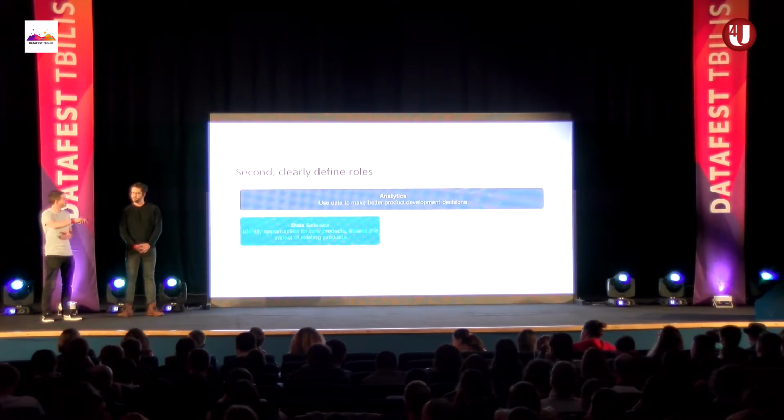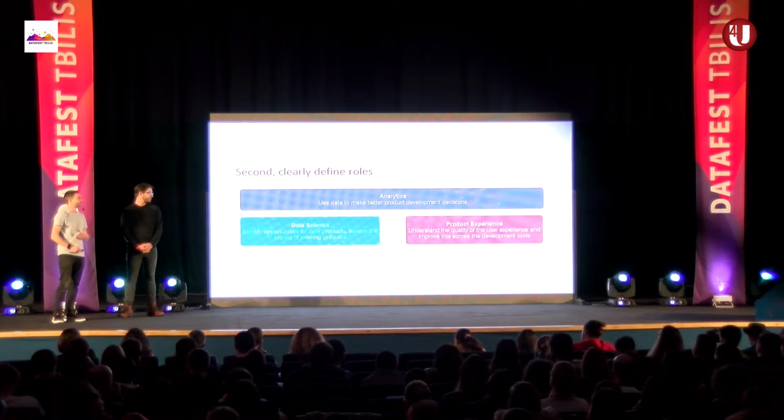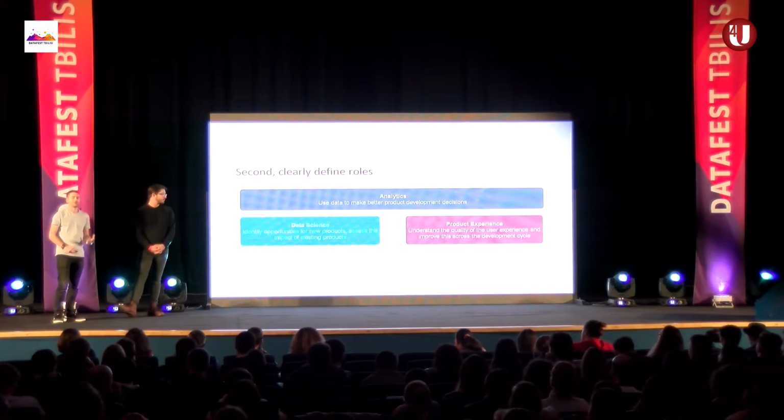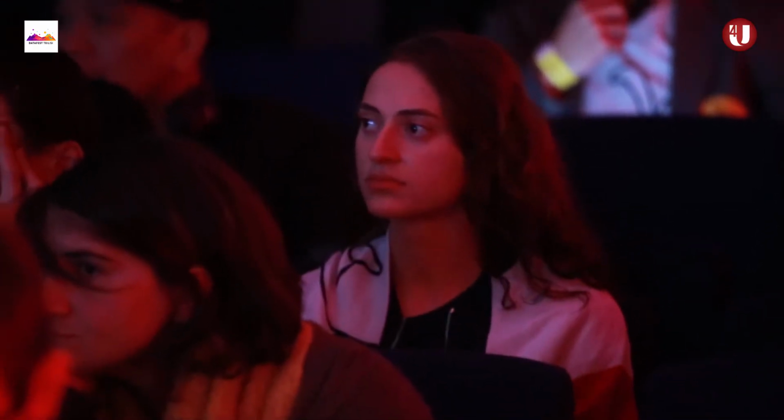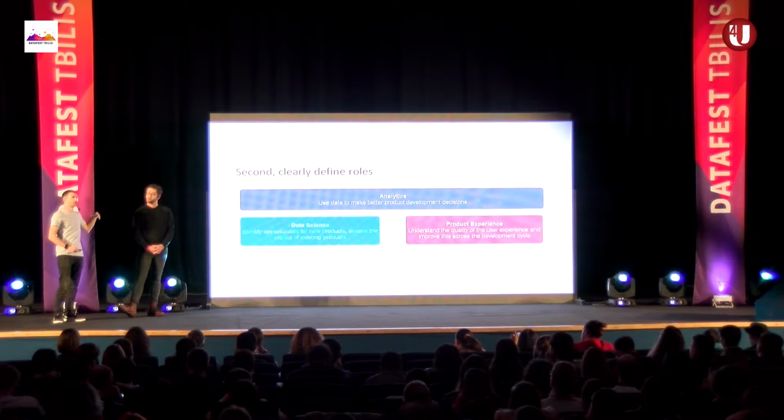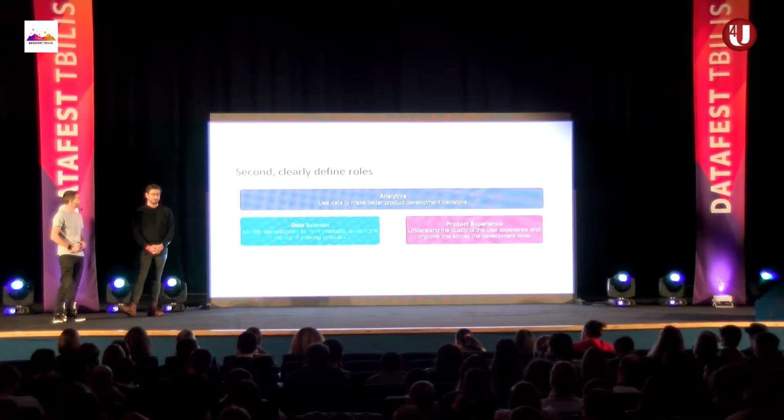And then the product experience side of things, which is more about the quality of the user experience and specifically what issues people might be encountering while they're using it on a day-to-day basis. So one is more identifying opportunities and looking a bit more into the future and growth of the product. And the other one is saying, how are people using this? What are they actually experiencing on a day-to-day basis?